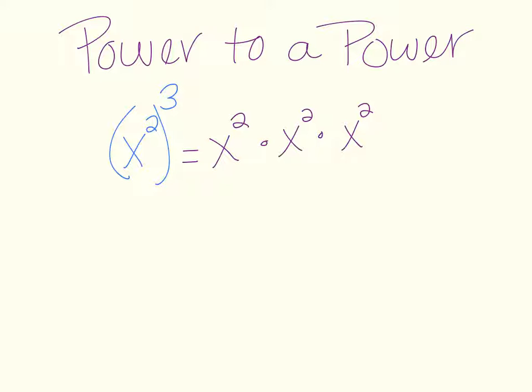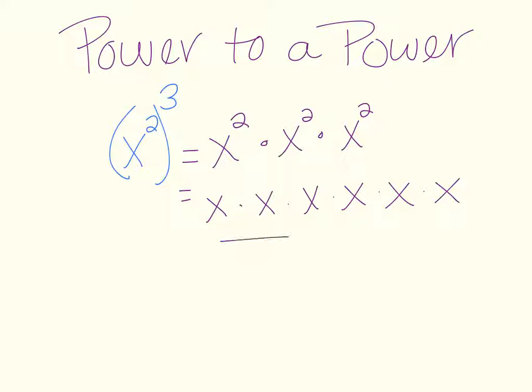The next one we can look at is power to a power. That's when you have something like x squared raised to the third power. So what this is really telling us is that we have x squared times itself 3 times. If I expand it, it's x squared times x squared times x squared, which again expanded is x times x times x times x times x times x.